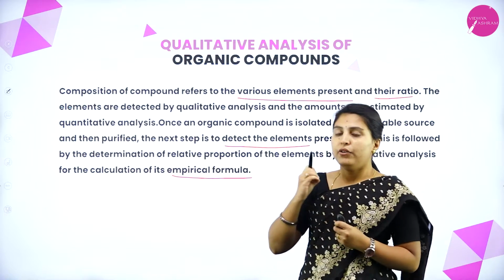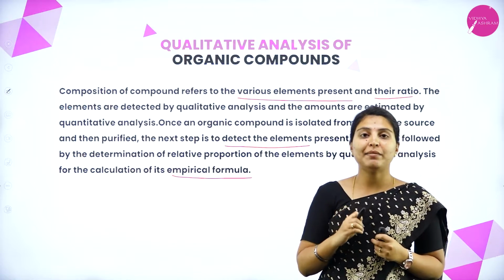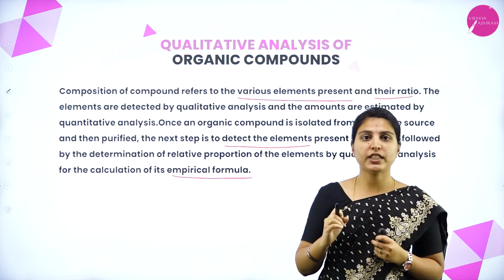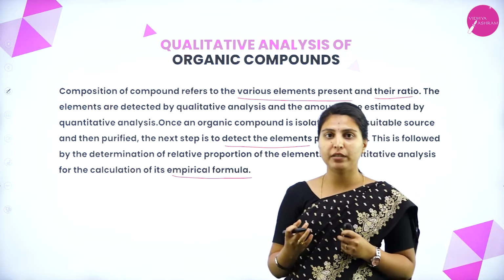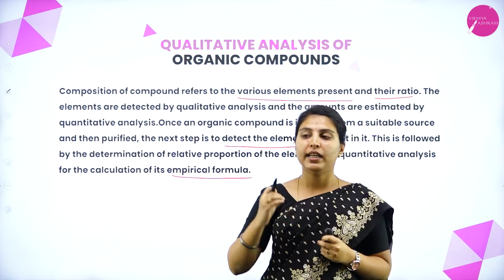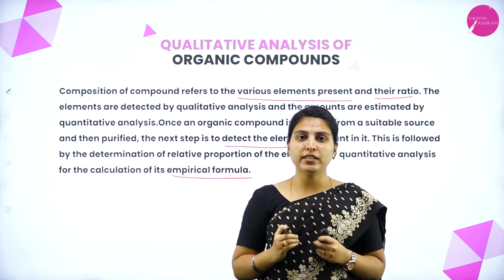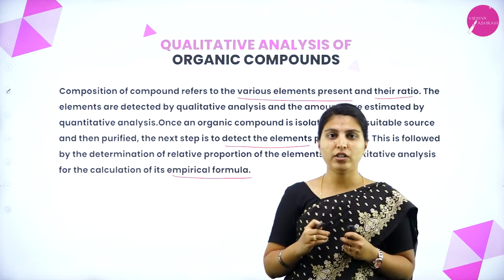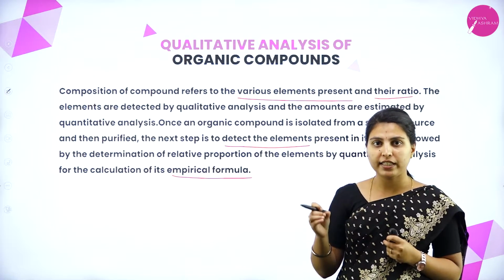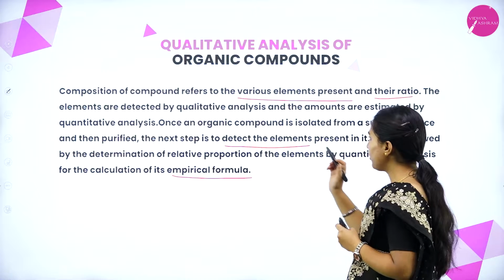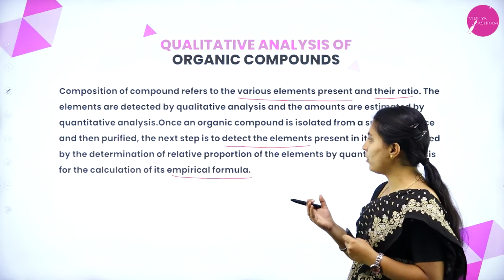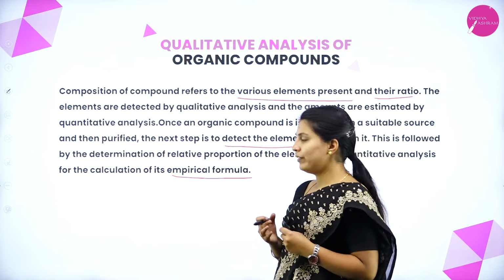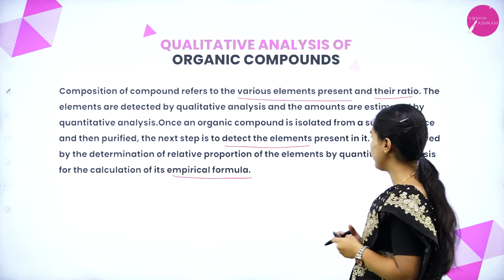Later, we have to analyze what elements are present in that compound. That process is called detection of elements. For the detection of elements, for each individual element, there is an individual process to find out or confirm that the element is present in that compound. This is followed by determination of the relative proportion of the elements.